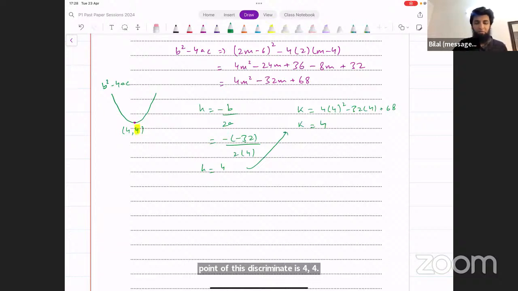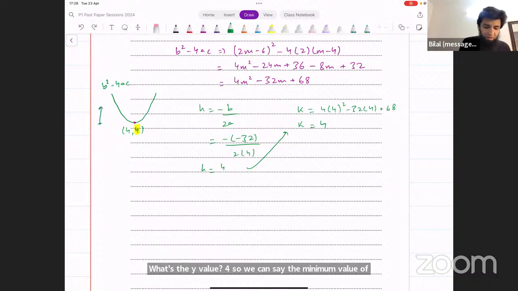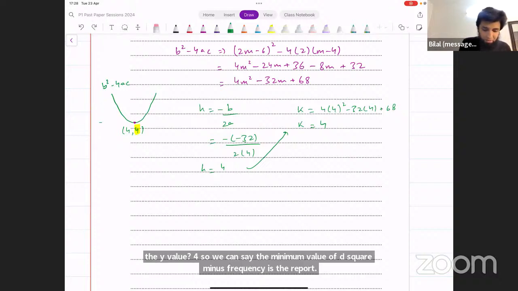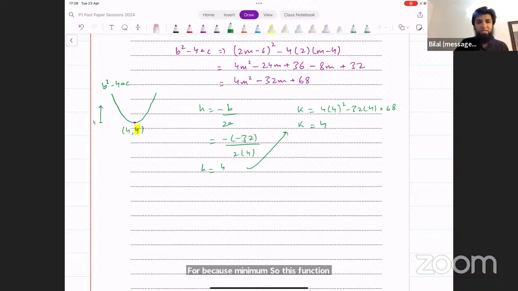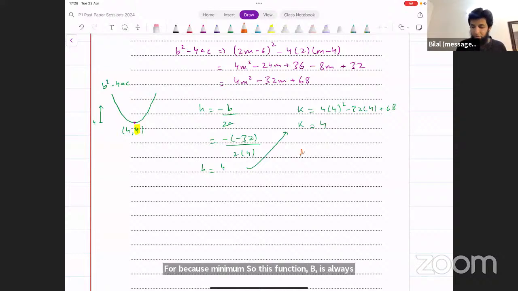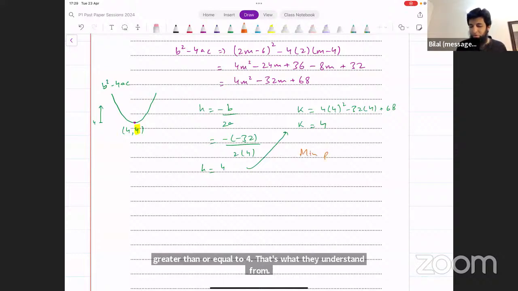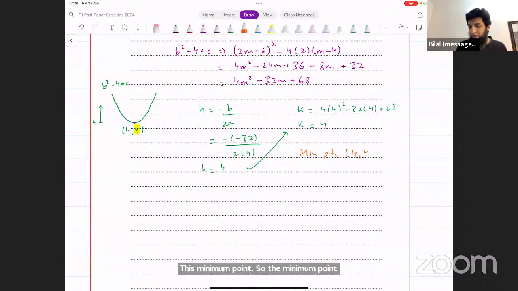What's the y value? 4. So we can say the minimum value of b square minus 4ac is therefore 4, because minimum is 4. So this function b square minus 4ac is always greater than or equal to 4. That's what we understand from this minimum point. So the minimum point is 4 and 4.